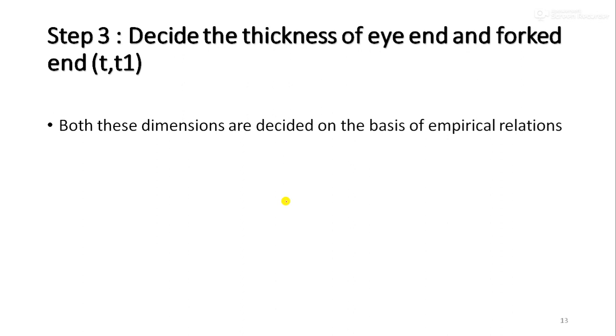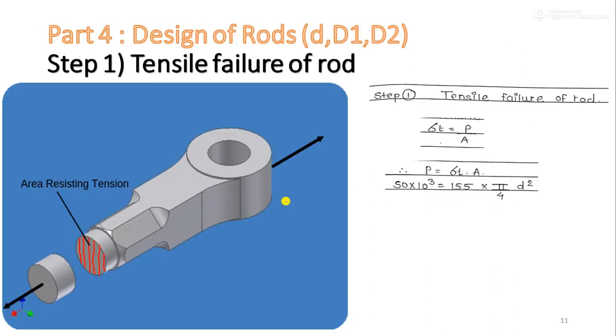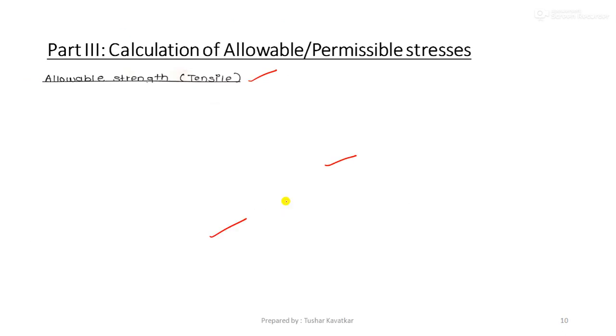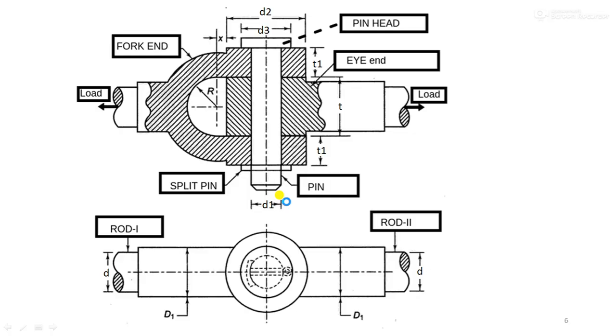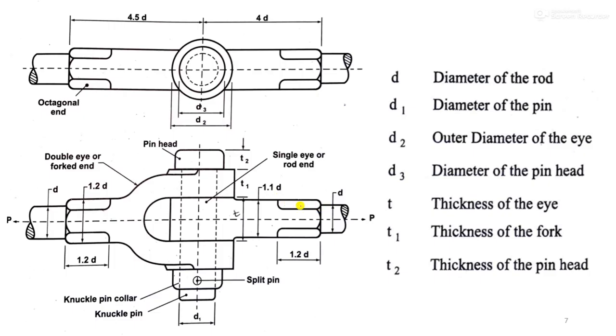Now next is deciding the thickness of the eye end and the fork end. Again, very simple, we can use the empirical relations. All these are mentioned in your particular figure diagram, you can see. So what is this t? This t is nothing but the thickness of the eye, or you can also call it the amount of pin inside this particular eye.